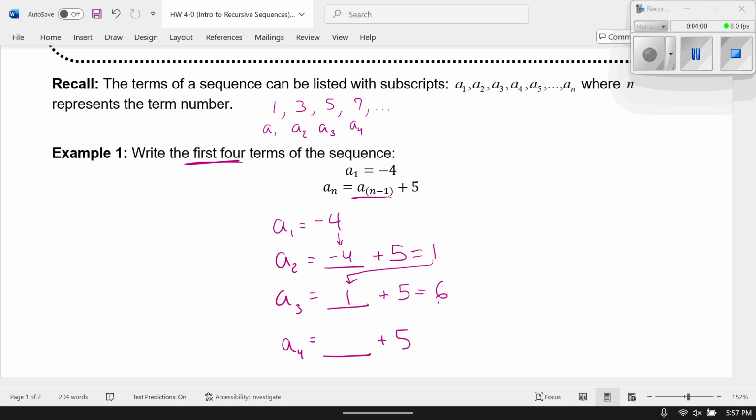A sub 4 is the previous plus 5. The previous was 6, and 6 plus 5 is 11. Now, if you could do that in your head, very happy for you, but you do need to show work. You can't just write the answer. So our first 4 terms are negative 4, 1, 6, and 11.